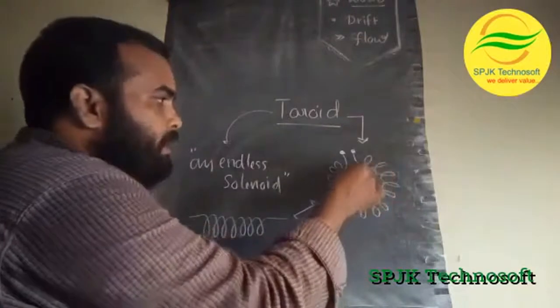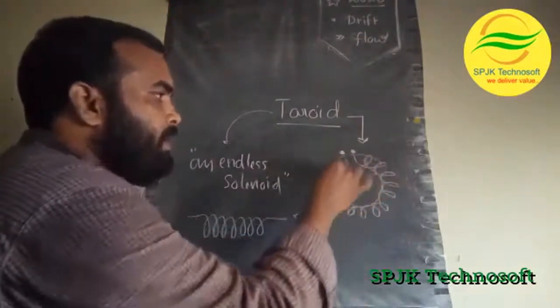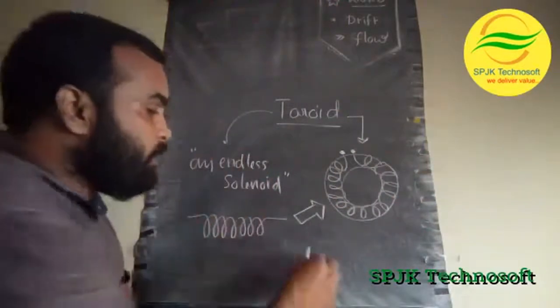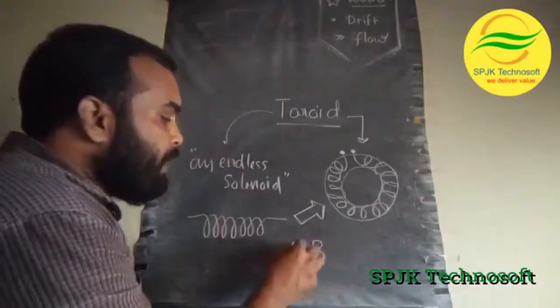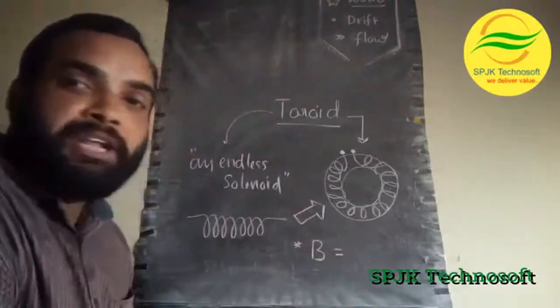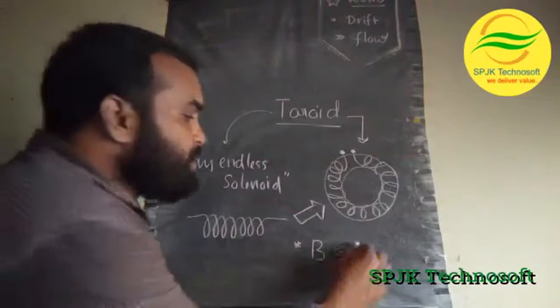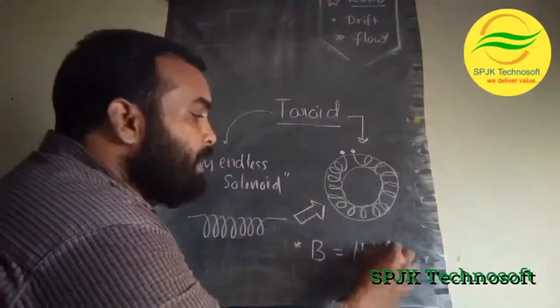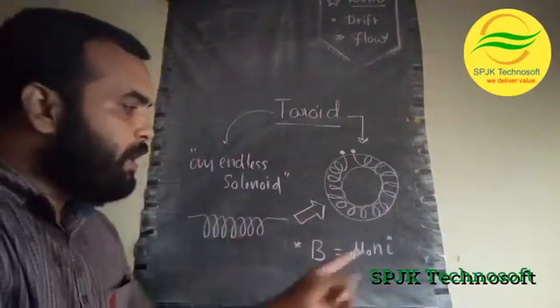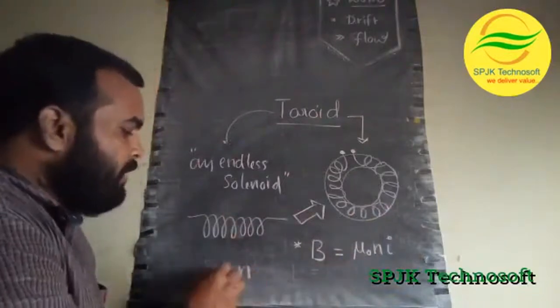Now for a simple diagram, here they are using it like this. Here this is a toroid. In case of a toroid, again we need to calculate the magnetic field strength. The expression for the magnetic field of a toroid is mu naught into n into I. The same expression which we have used for solenoid, but here the value of small n will vary.